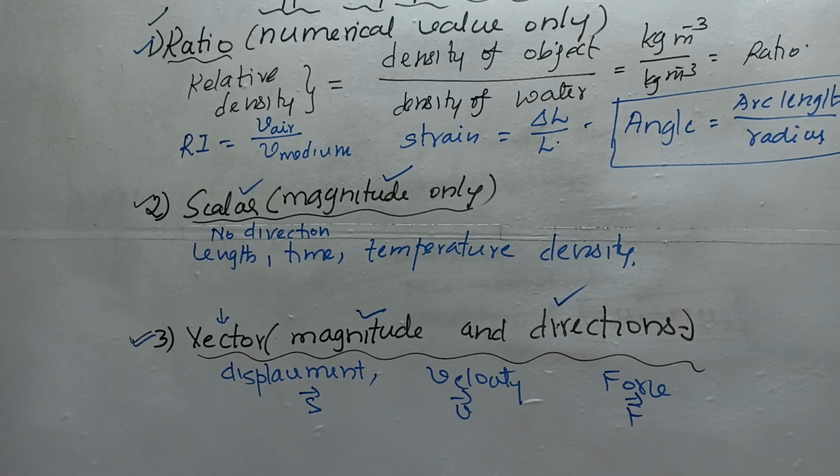The ratio of identical physical quantities is unitless, it has only numbers. Scalars have only magnitude, and vectors have magnitude as well as direction. To solve problems related to scalars, you can use normal algebra. To solve problems related to vectors, you should use vector algebra. So these are the types of physical quantities we should learn.